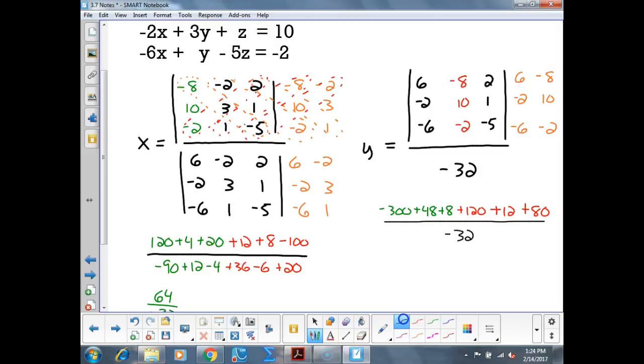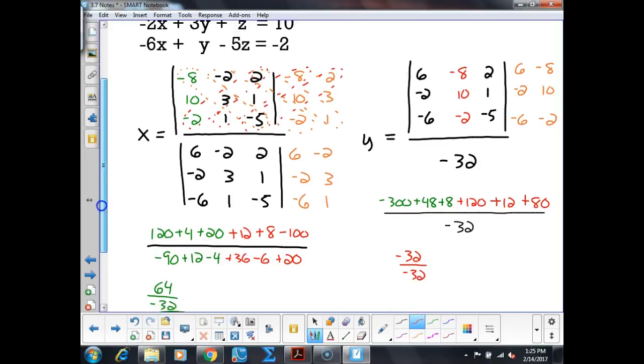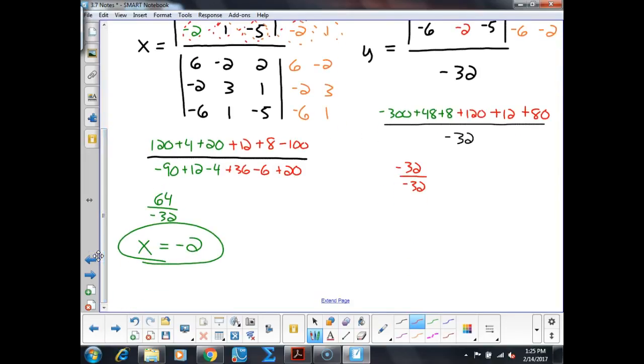Is negative 100, is negative 80, is negative 32. Negative 32 over negative 32 is positive 1.